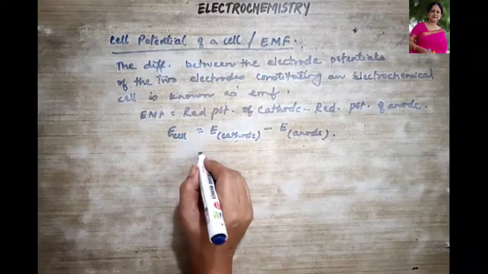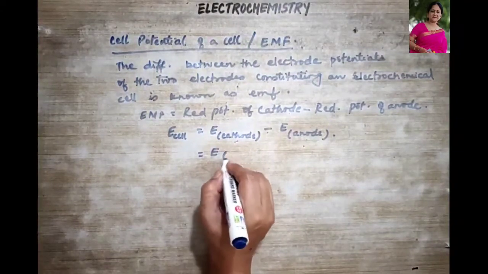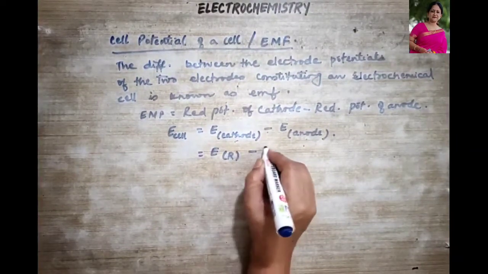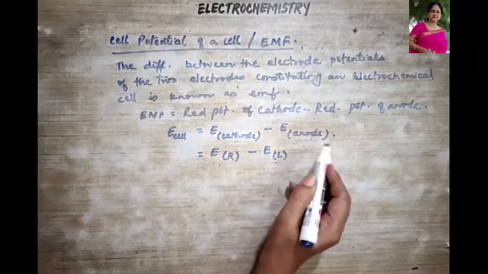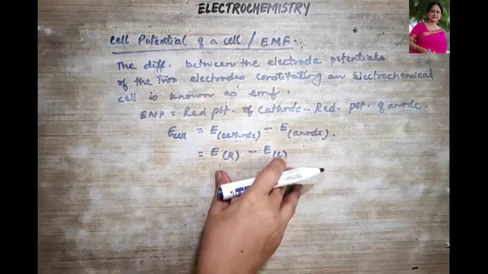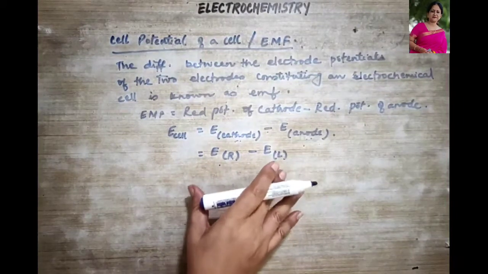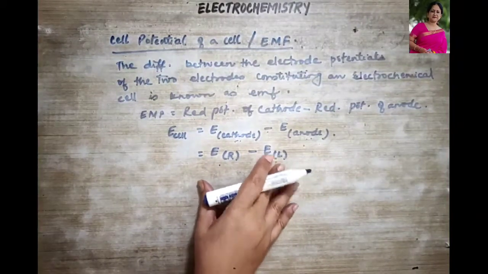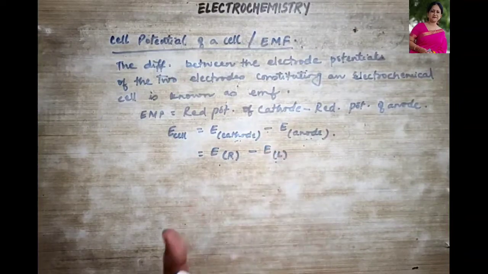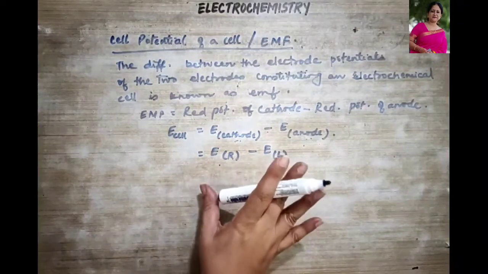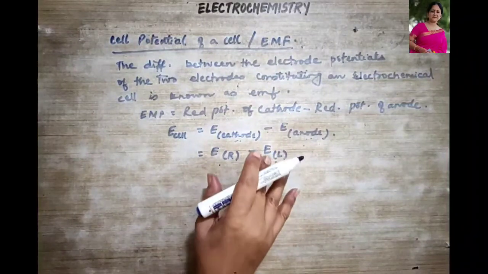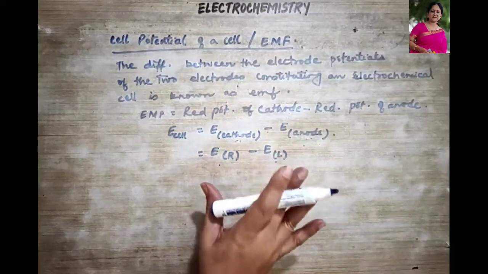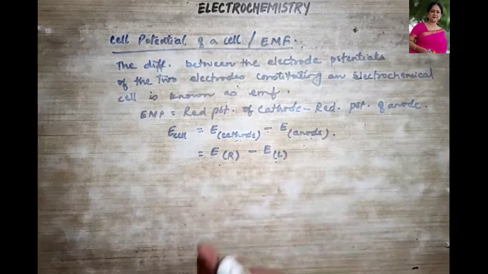This can also be written as E right minus E left. Cathode is to your right, anode is to your left, so right and left is also written. The EMF of the cell is measured with the help of a potentiometer, and its magnitude completely depends upon the nature of the electrodes, the temperature, and also the concentration of the solution in the two half cells.